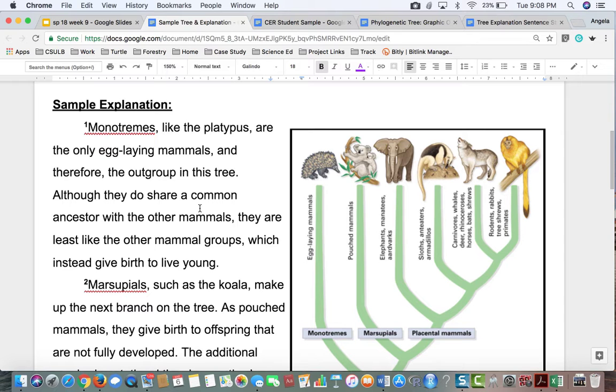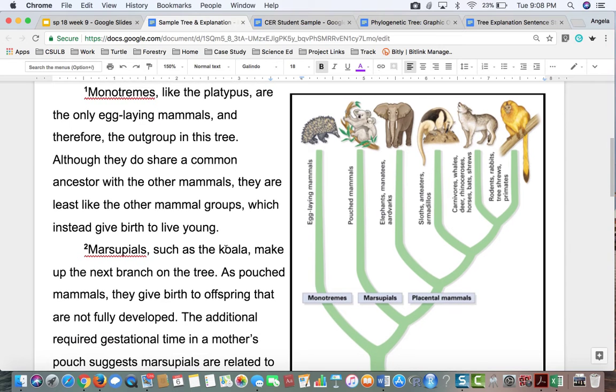What I would like you to do is read this sample explanation, and for each branch of the tree, so we have 1, 2, 3, 4, 5, 6 branches, which means we should have 6 claims.